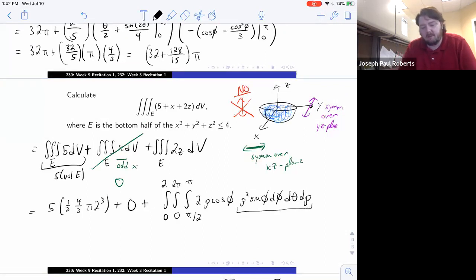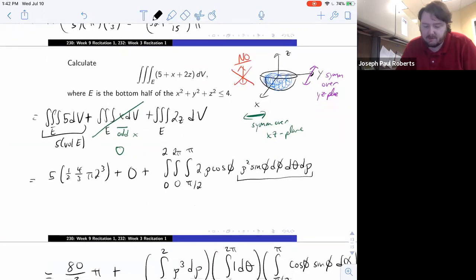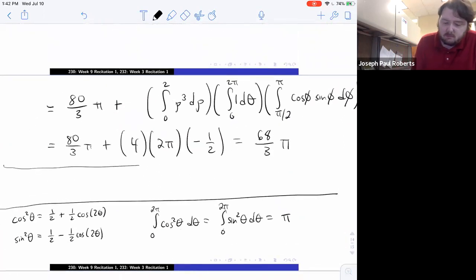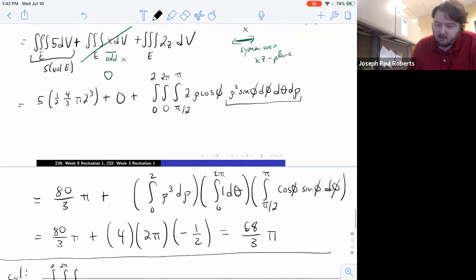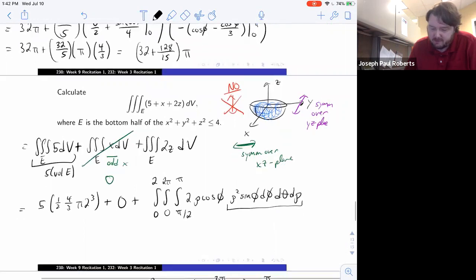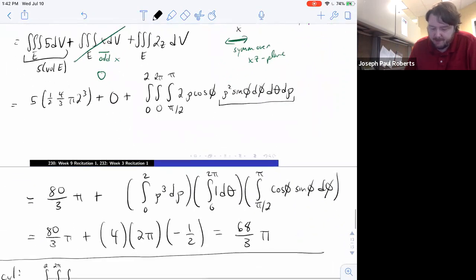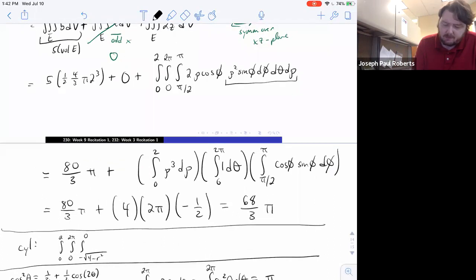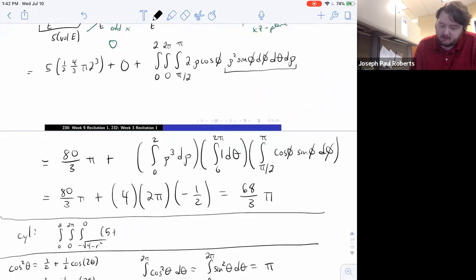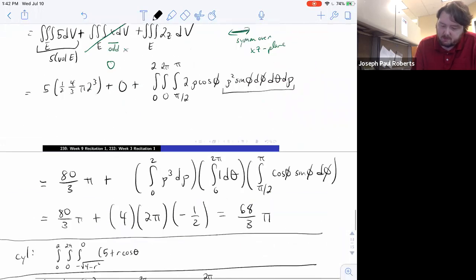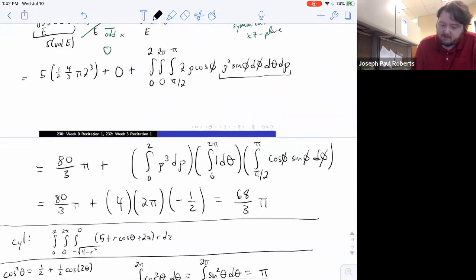If I were to do this in cylindrical, let's just for practice, r goes from 0 to 2, theta goes 0 to 2 pi, z would have started at the bottom part of that sphere, which is given by the equation z is minus the square root of 4 minus x squared minus y squared. When you sub in for r, you get that. And then the top surface is the xy plane, so 0. And then all this, 5 plus r cosine theta plus 2z, r dz d theta dr.